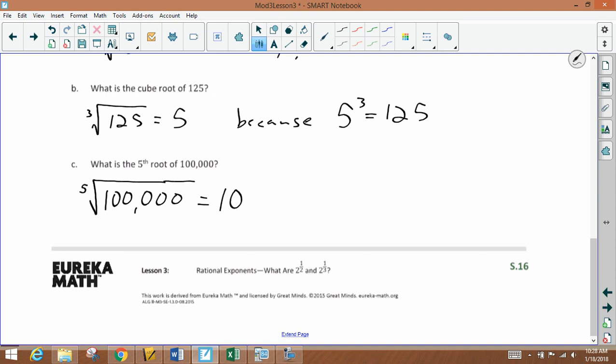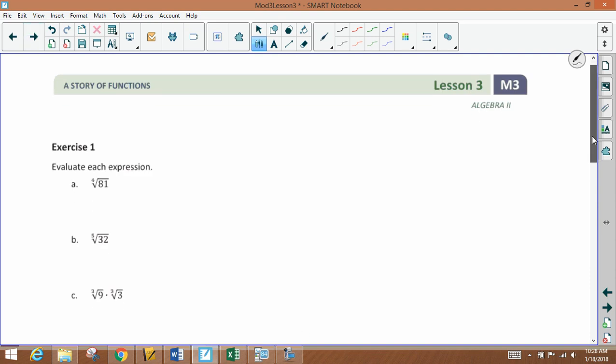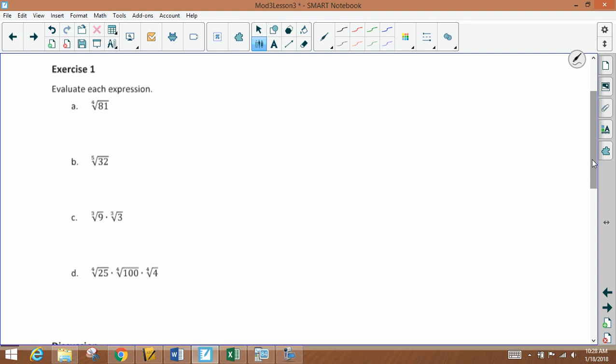All right, moving right along. How about this? The 4th root of 81. So how about this? If you're not sure, if it's one that you're not super familiar with, I'm going to show you something, okay?